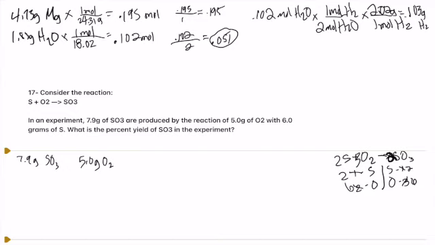And that's going to give us 2S plus 3O2 becomes 2SO3.